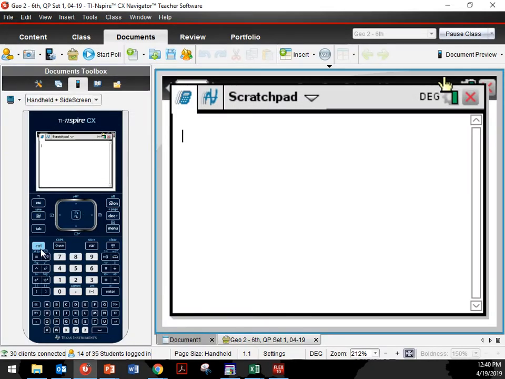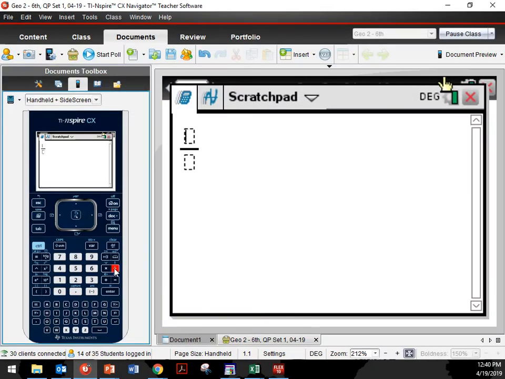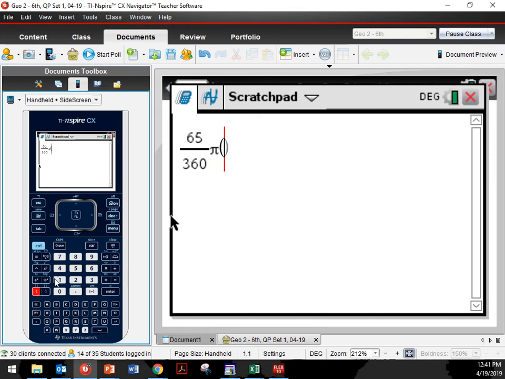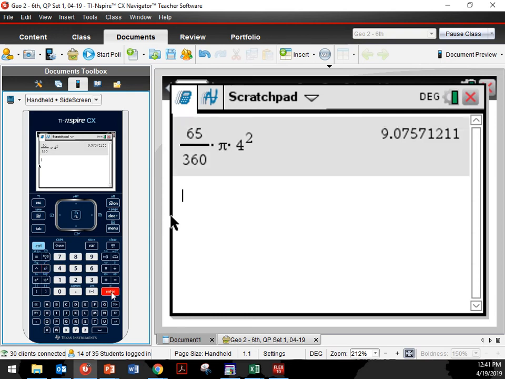So, in the calculator: 65 over 360 times pi, and then 4 squared. Enter. 9.1. So yeah, it'd be 9.1.